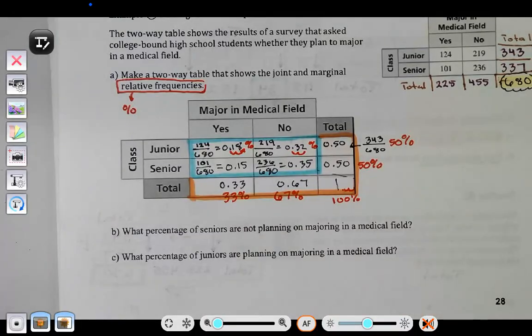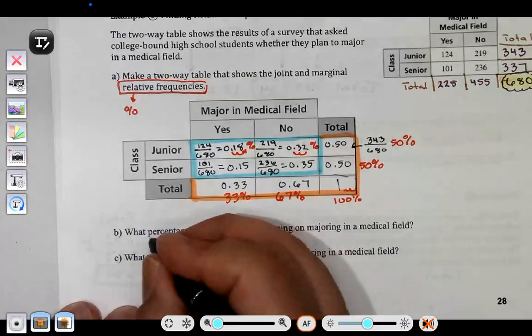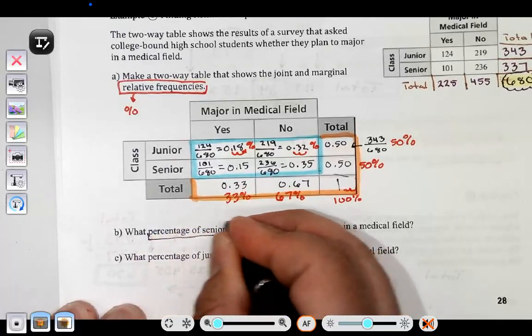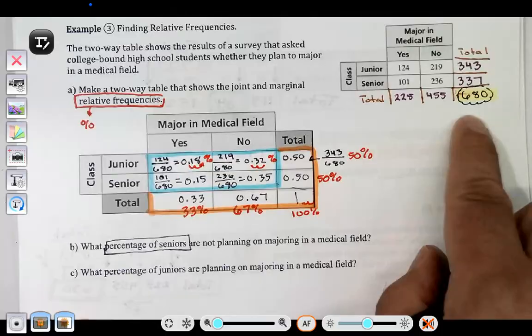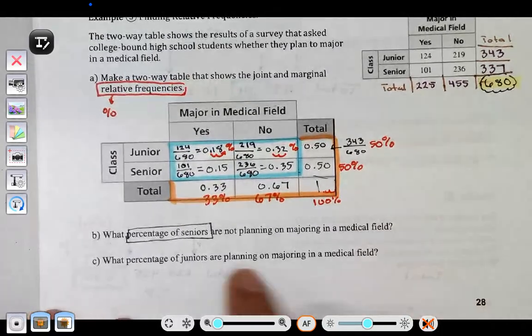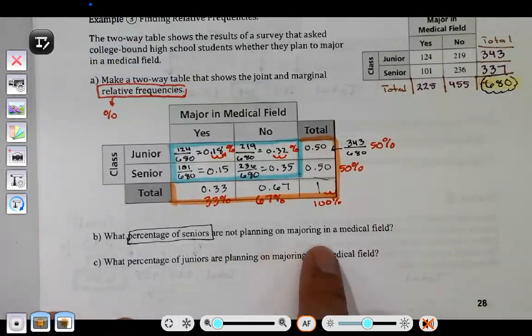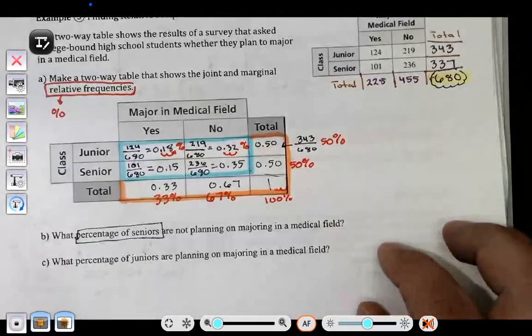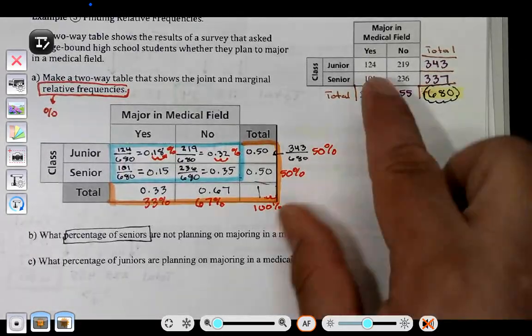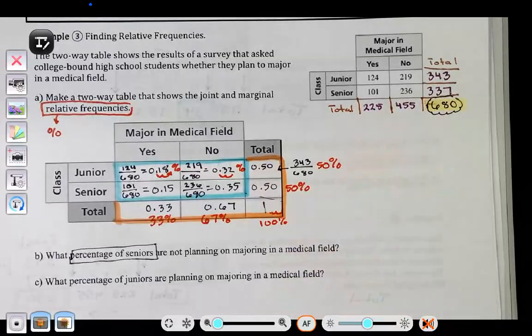So now look at the question. What percentage of seniors, only seniors, so can I use that 680 that I used earlier? No, they said seniors only, are not planning on majoring in a medical field. So how many seniors, so look at my list. I actually have to go back to this one.